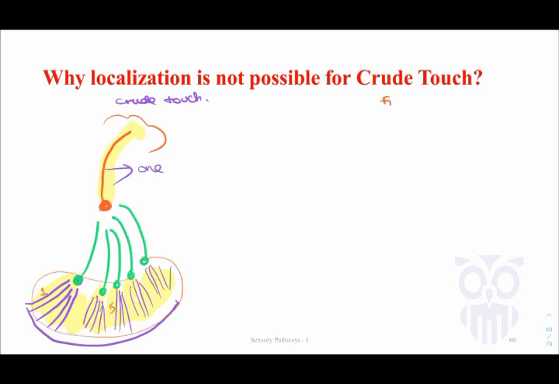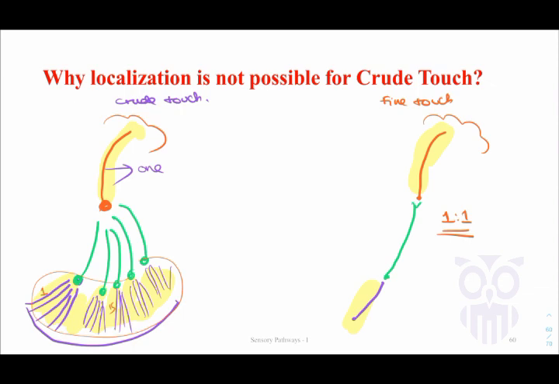But fine touch is more advanced. Each one goes there, and from there only one goes up to the brain. So what happens? If this gets activated, we know this one was the reason. That's why in fine touch the ratio is 1:1 between every first order neuron and the thalamic third order neuron.